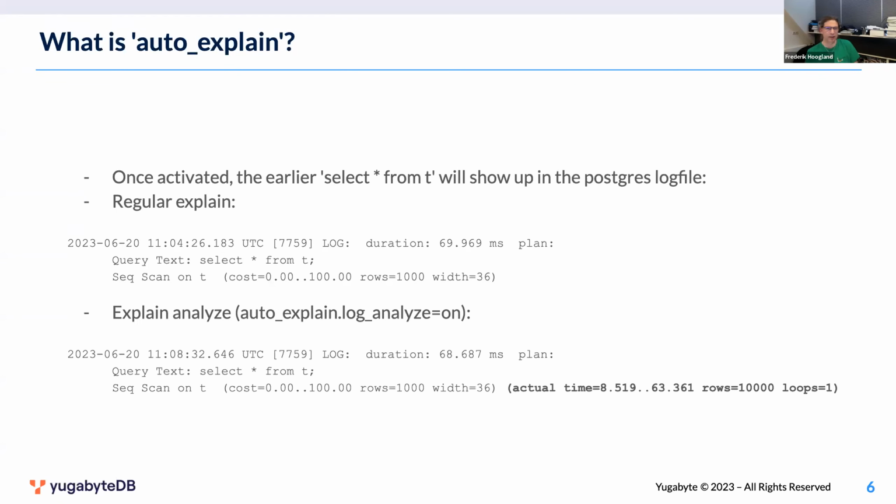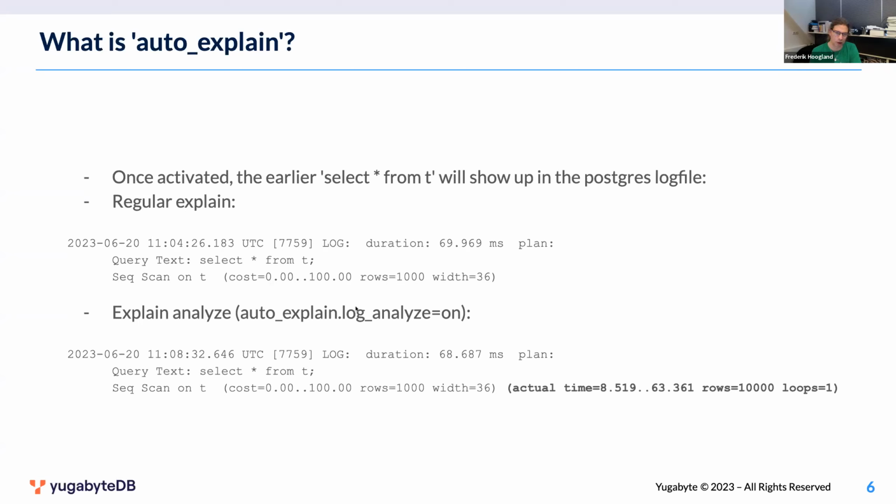So if it's activated, then the earlier select star from T that I showed will show up in the following way. It will tell the duration that it sees, and I will tell something about the duration later on. It will tell the query text, so you can see the actual statement, and the optimizer cost, which made the optimizer choose this execution plan.